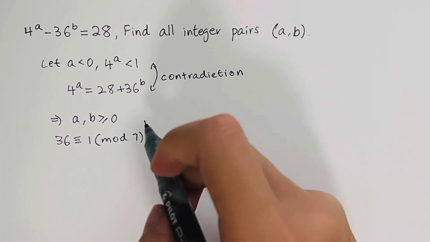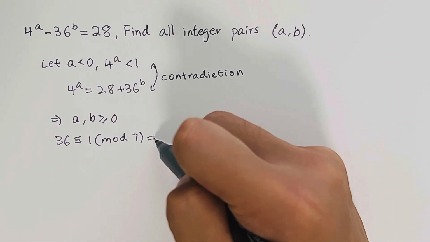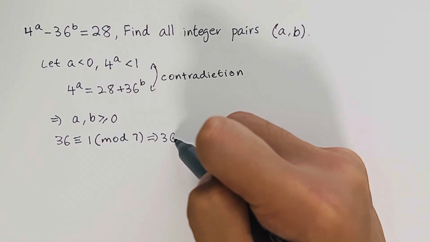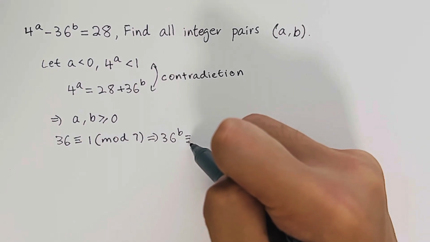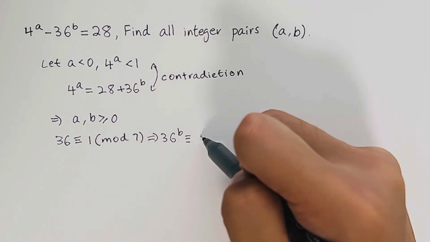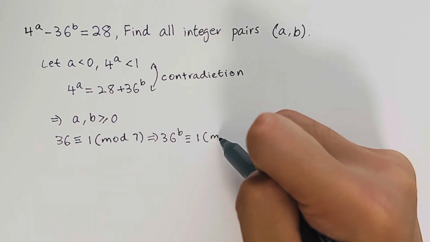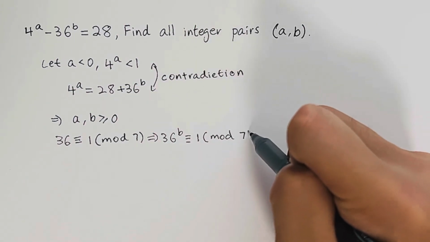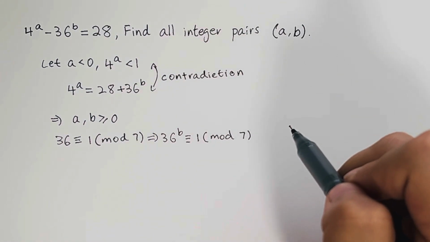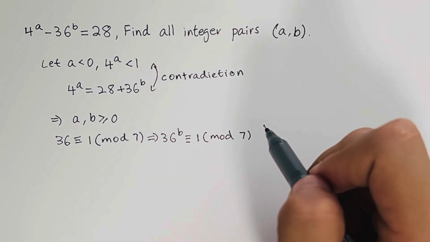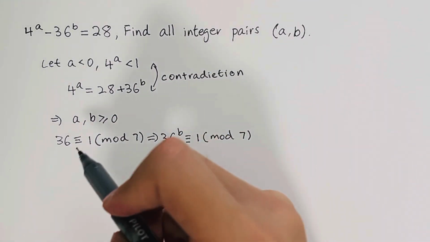By the property of congruence, 36^b is congruent to 1^b, which is just 1 mod 7, for all integers b.